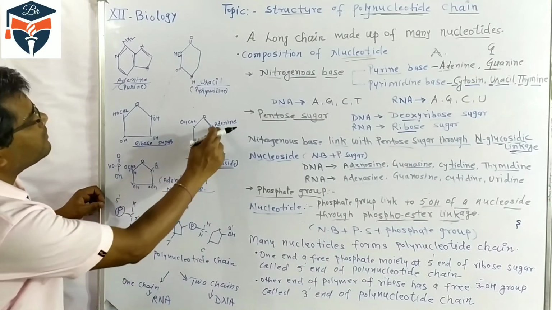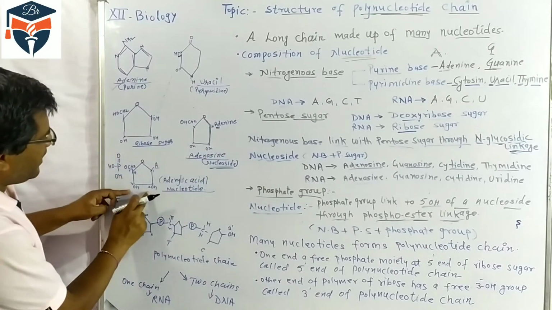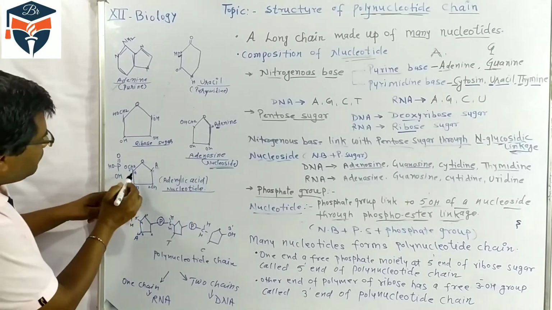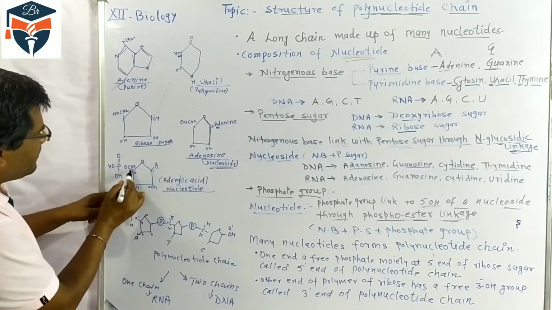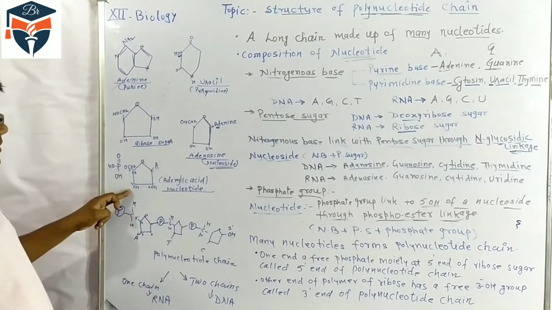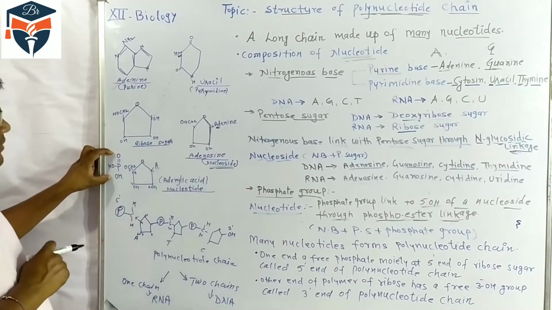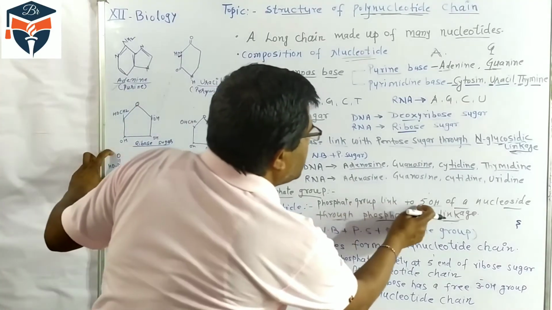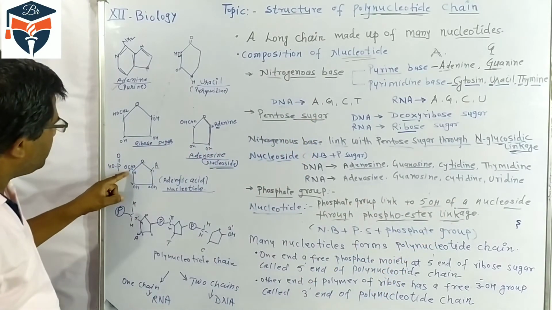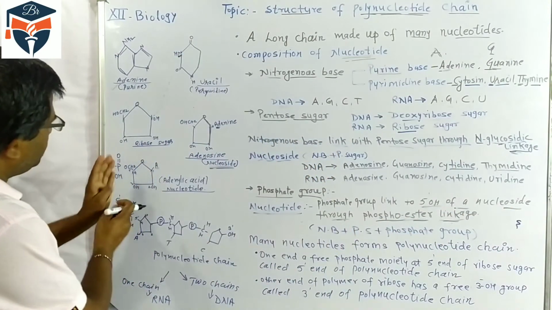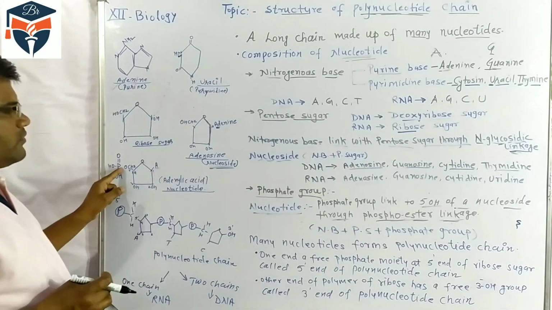So please look at here now. This is adenine and this is the ribose sugar. So this is a nucleoside. At the 5th position, the 5th carbon atom of the pentose sugar, this phosphate group is added. So the phosphate group is linked with the OH of the 5th carbon of the nucleoside, because this is the nucleoside and this phosphate group is added.